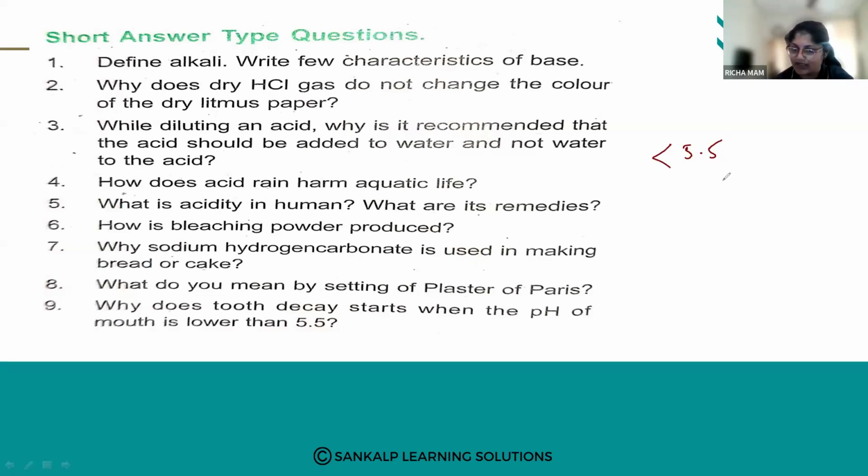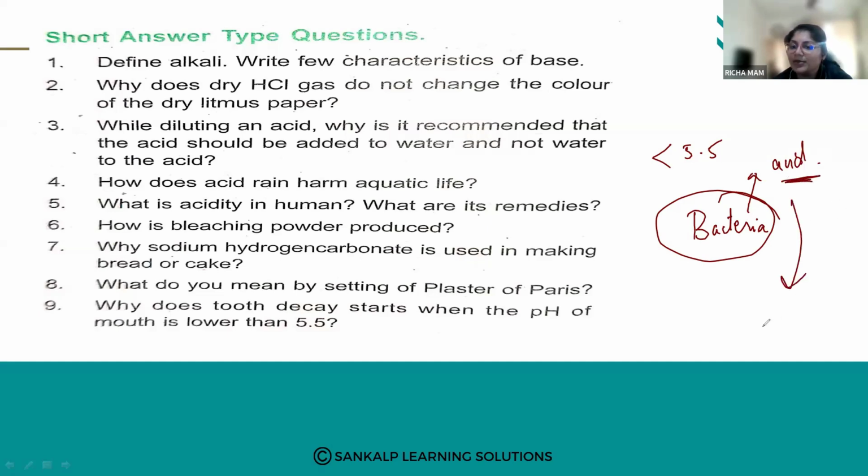Acid will be produced. There is some bacteria present in the mouth, and this bacteria will produce the acid. The acid will start to corrode your enamel, and tooth decay will start.